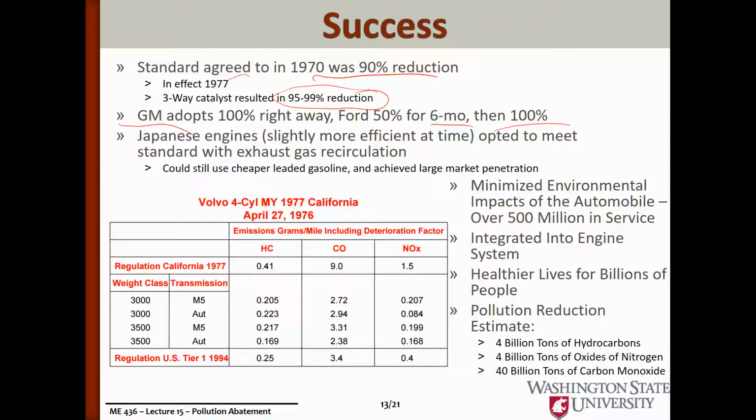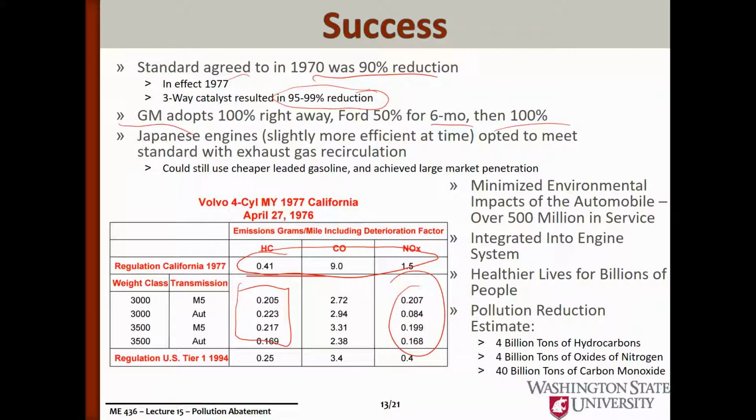If you looked at what they were, I think this chart is showing us the regulated standard, and in 1976 they were able to be well under that standard in hydrocarbons, carbon monoxide, and NOx, in some cases by an order of magnitude.